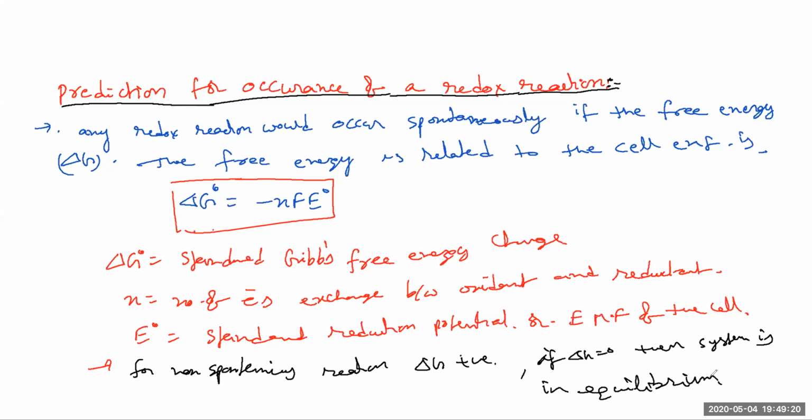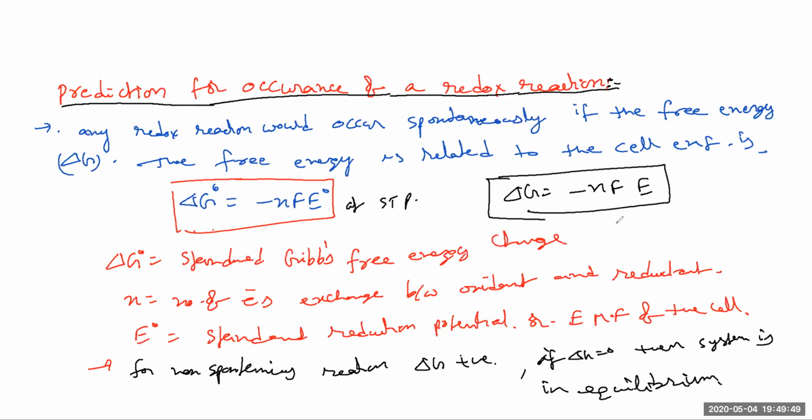Now we are going to derive the Nernst equation. This same relation is at STP, or else delta G is equal to minus NFE at given conditions. This relation is at given conditions.